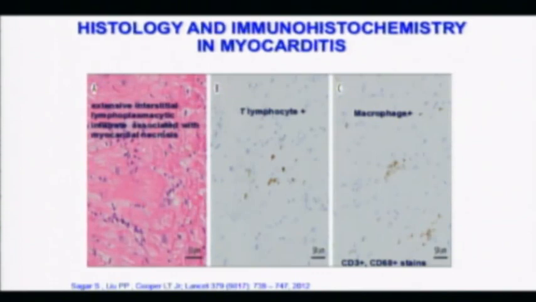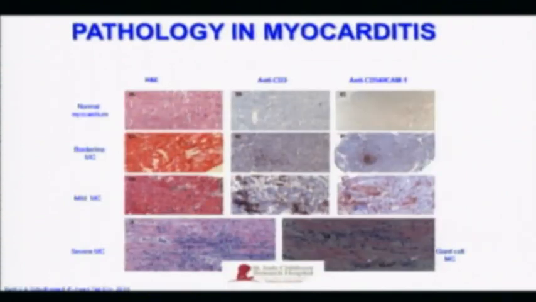Extensive infiltrate here with lymphocytes associated with breakdown. You can see these cardiomyocytes are dying. These are marked for T lymphocytes and macrophages, and so this would, in the WHO approach, be diagnostic of myocarditis. But you need all of those.